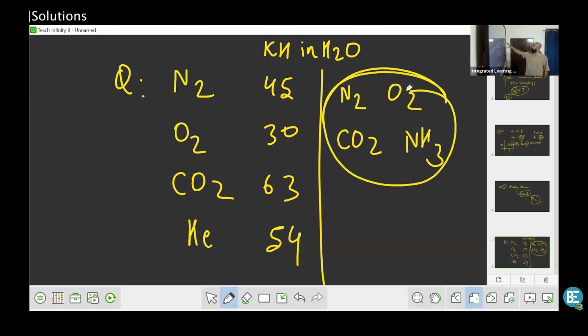This question, I'm giving you four gases. I have not given you the value of KH, okay? I'm asking which one is most soluble in water. For the hint purpose, this is a chapter chemical bonding in 11th. From there, this is the question. Which is the gas which is most soluble in water? Anyone? Take a guess.